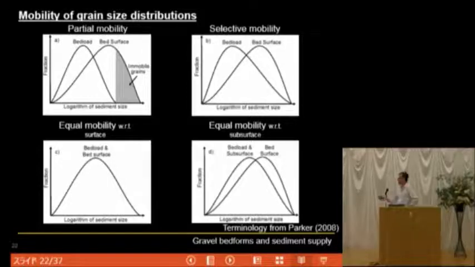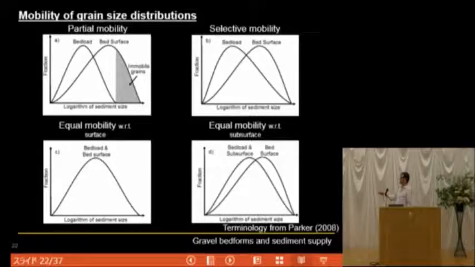Then we have equal mobility with respect to the bed surface, and that is where the bed load and the bed surface have the exact same grain size distribution. And then we have equal mobility with respect to the subsurface, based on some of Gary Parker's earlier work, where basically the bed load and the subsurface have the same grain size distribution, but the bed surface is a little bit coarser.